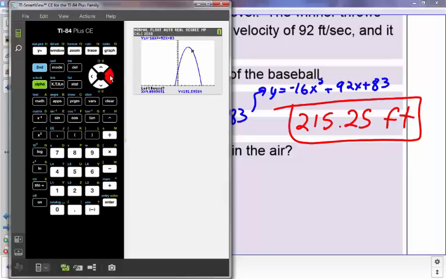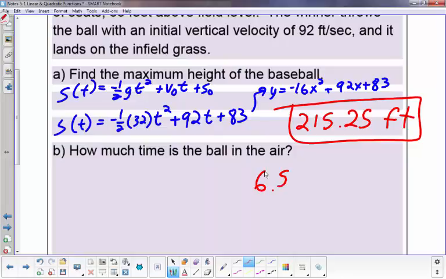So I'm going to scroll down here. Hopefully we'll get closer real quick. Oh, I went too far. Come back. There we go. Left bound, somewhere below it, right bound. Go back, hit enter. And we see that my 0 is at 6.54. So that's 6.54 seconds.